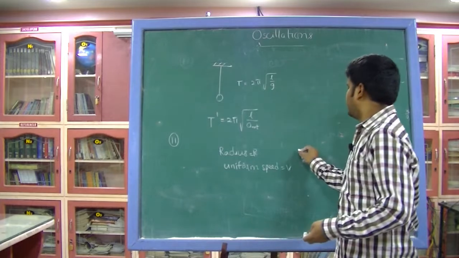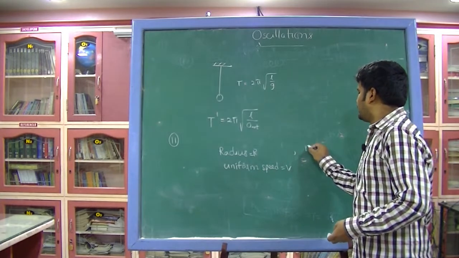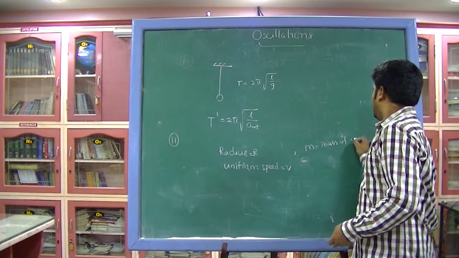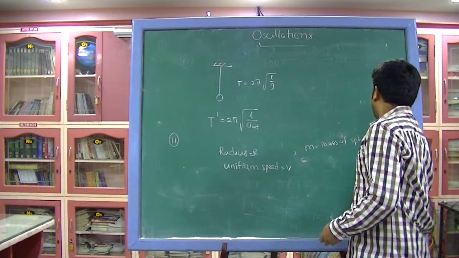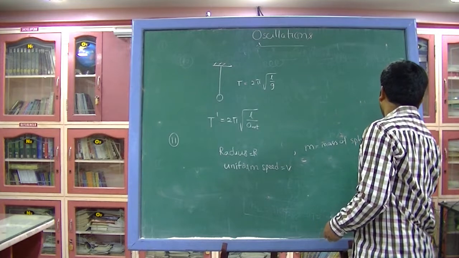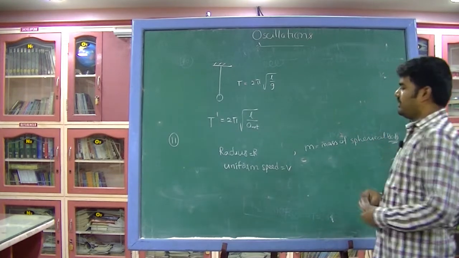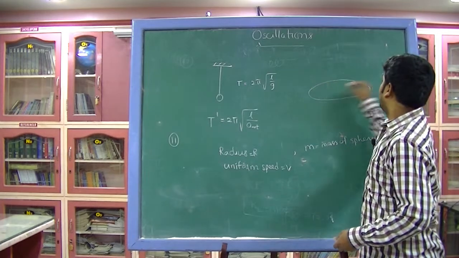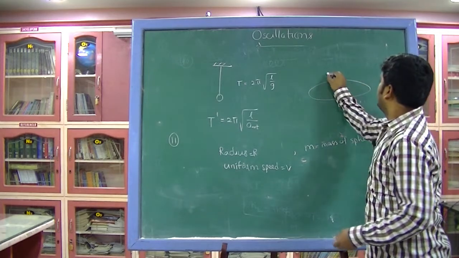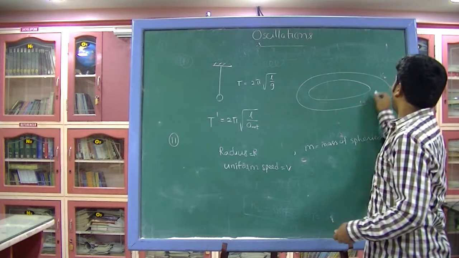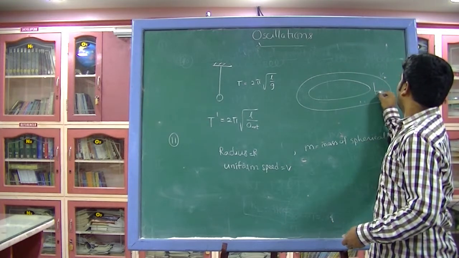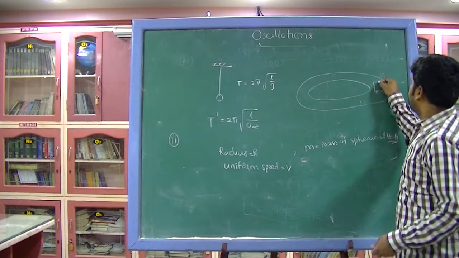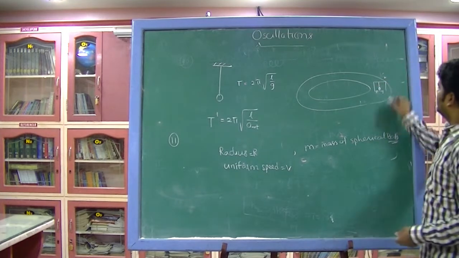Given data: small m is the mass of the spherical bob of the pendulum. This is the given data. So, the car is moving in the circular path like this. This is the car, and in this the pendulum is set up like this.